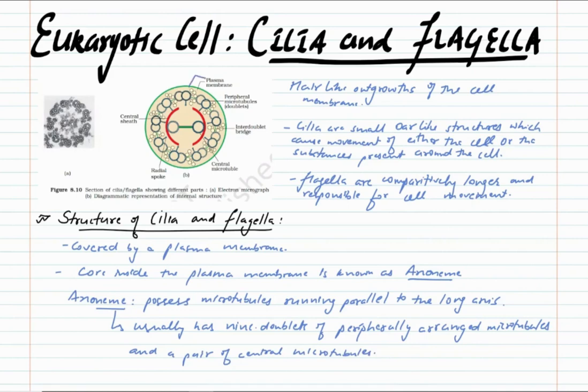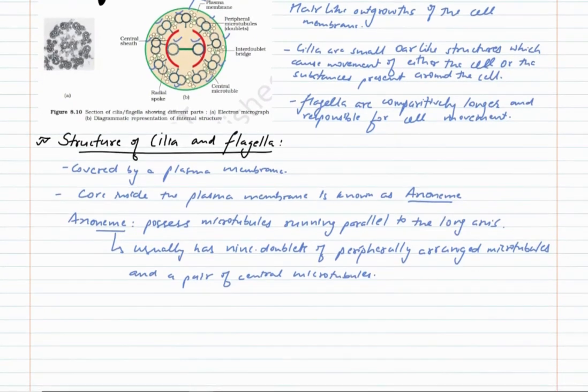So we can see in the diagram that this outer covering is the plasma membrane. On the periphery we can see the presence of these doublets of microtubules, and in the center there is a pair of microtubules.